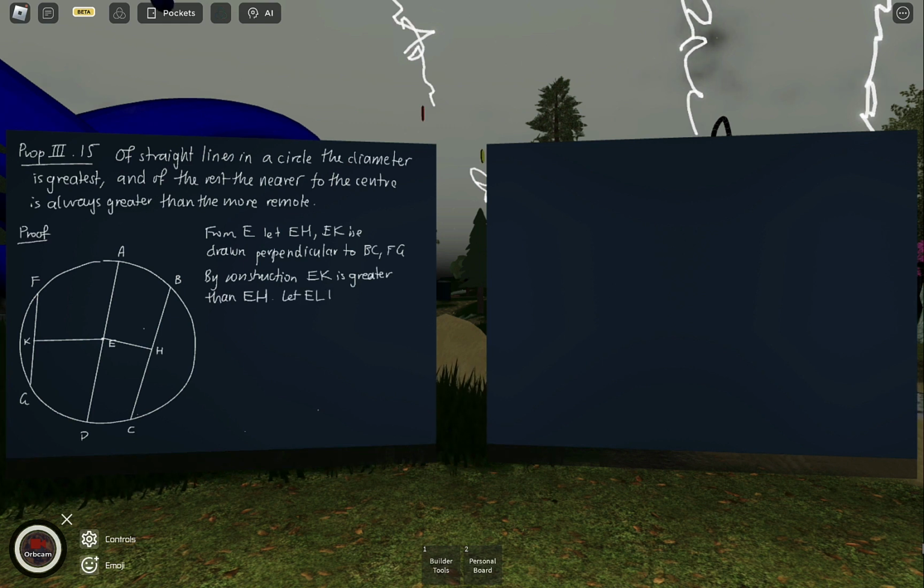Let EL be made equal to EH. So EK is greater than EH, so we can cut out from it the same length. So EL is equal to EH. Let LM be drawn at right angles to EK.